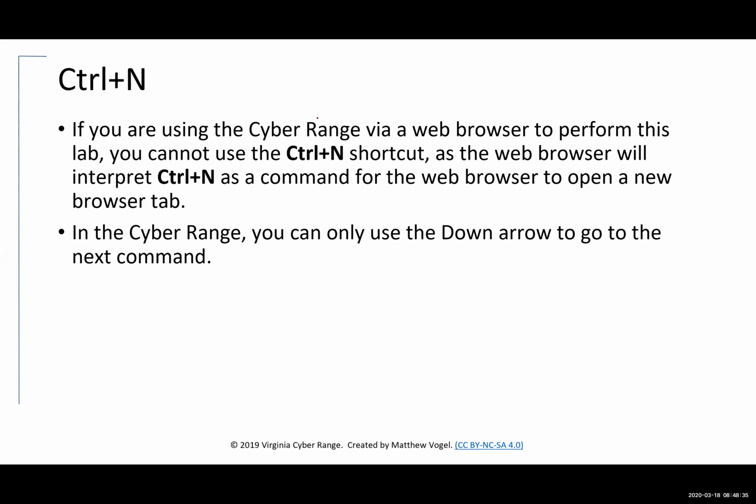If you're using a CyberRange VM in your web browser, Control N is a command to the web browser, depending on the web browser, and I'm using Chrome here. Instead of being interpreted by your Kali Linux VM in the browser tab, Control N is going to be grabbed by the browser, and it's going to create a new window.